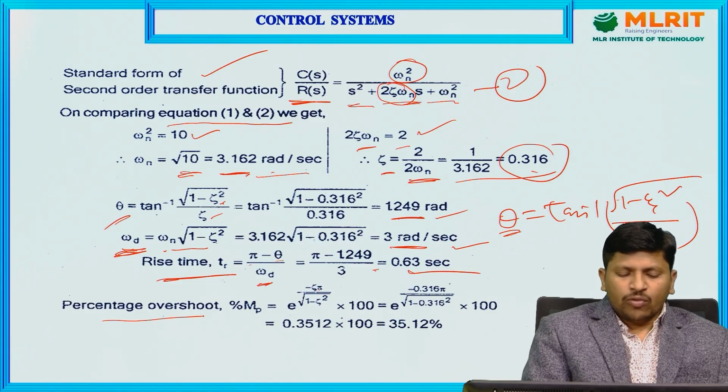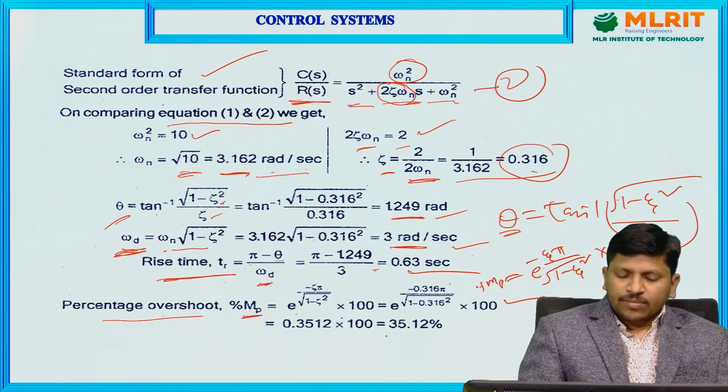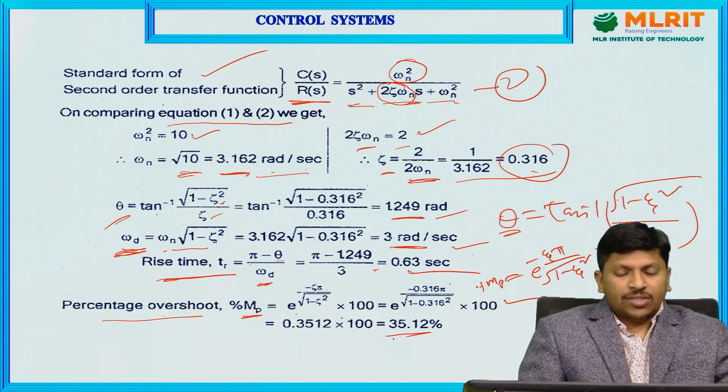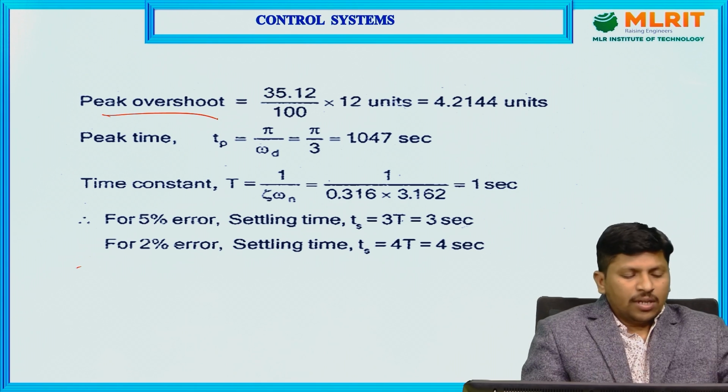And percentage overshoot, the maximum peak overshoot, equals e power of minus zeta pi divided by square root of 1 minus zeta square, into 100. Substituting, you will get 35.12 percent. Next, the peak overshoot.